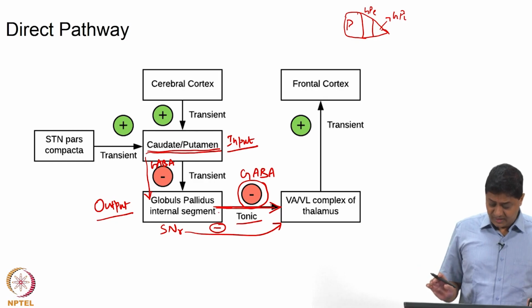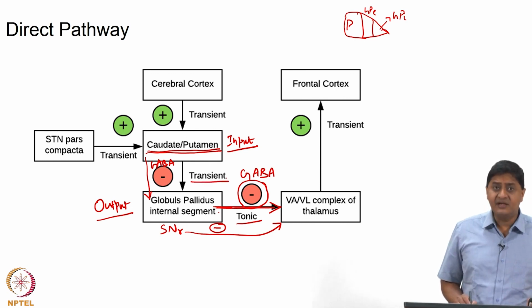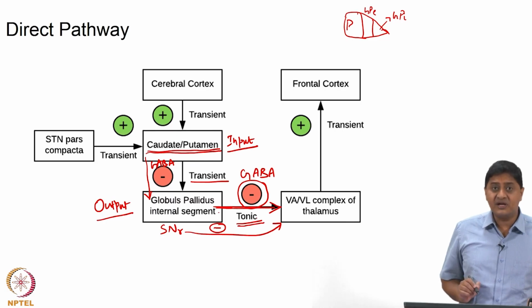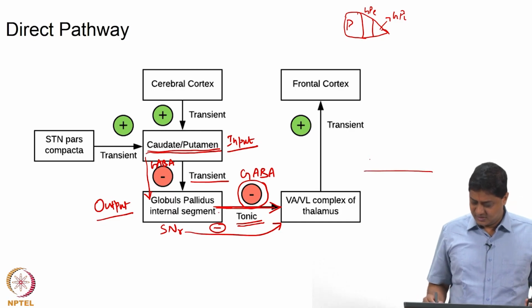So, if these neurons in the GPI themselves are transiently inhibited by the input from the striatum, then what happens? For a brief period of time, the inhibition provided by the GPI neurons is halted. Let us consider that that is the level of inhibition provided by the GPI neurons.